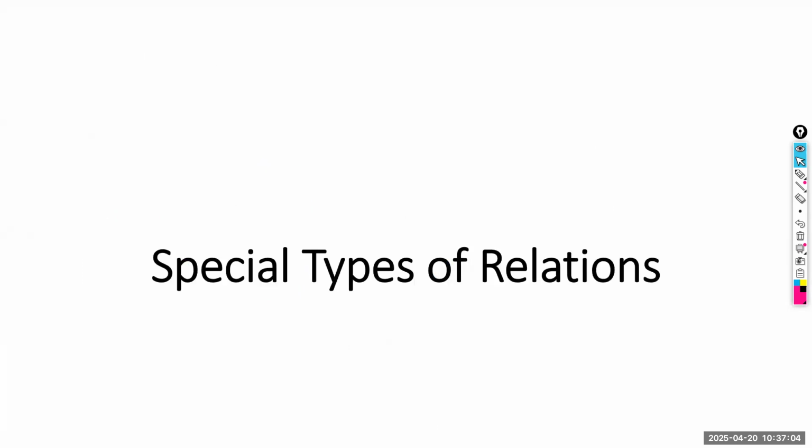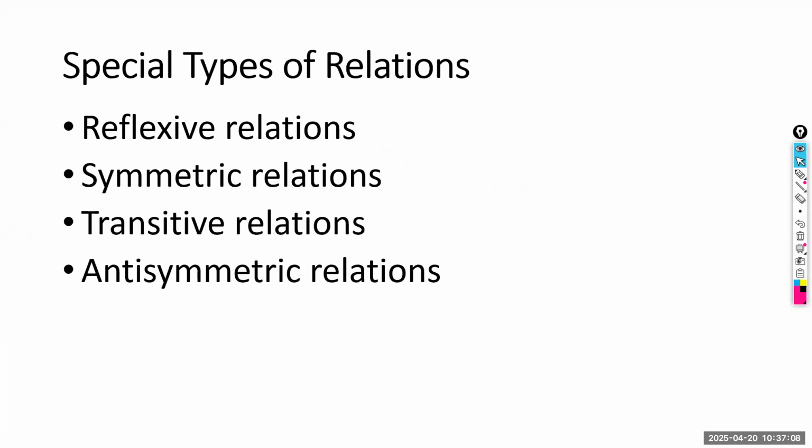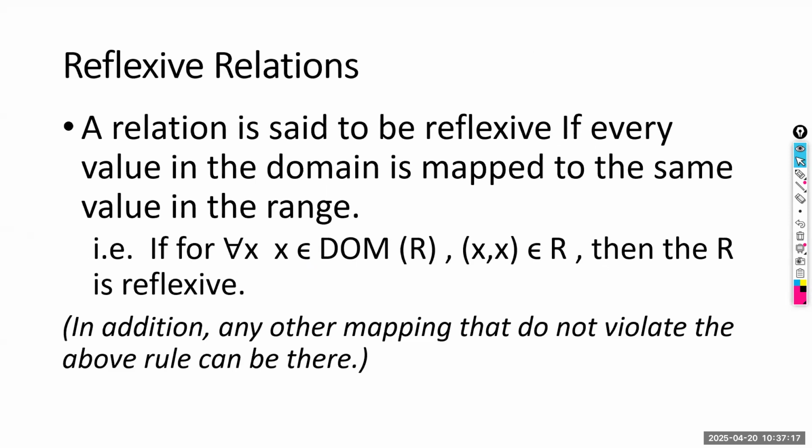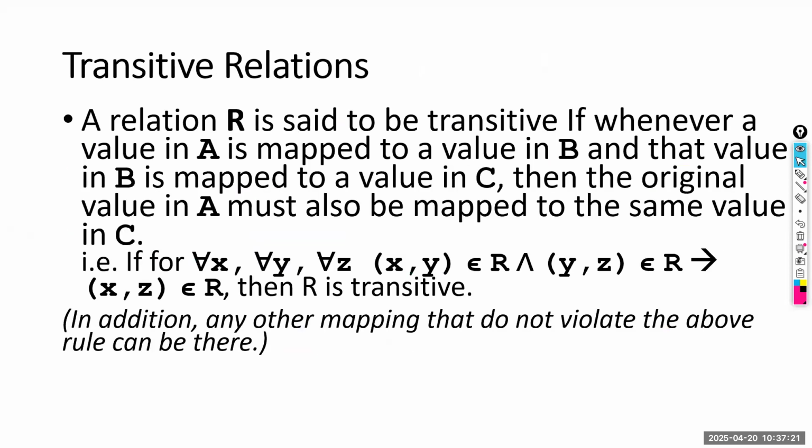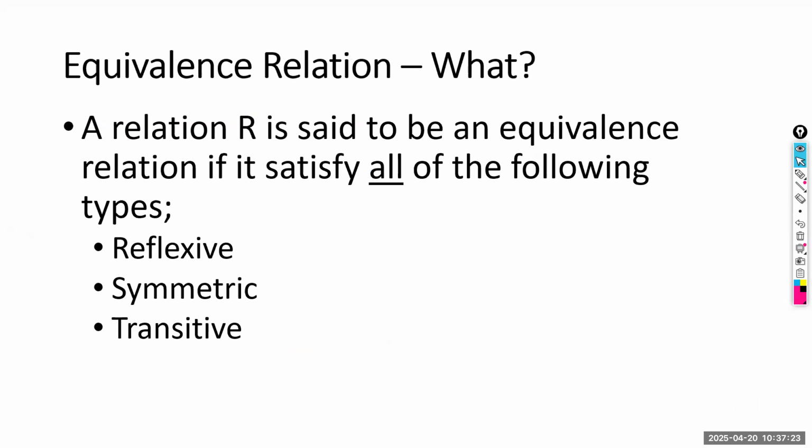Then we moved on to special types of relations: reflexive, symmetric, transitive, and antisymmetric relations. If a relation is reflexive, symmetric, and transitive, we call it an equivalence relation. Then we can write the equivalence classes for each and every value in the domain.